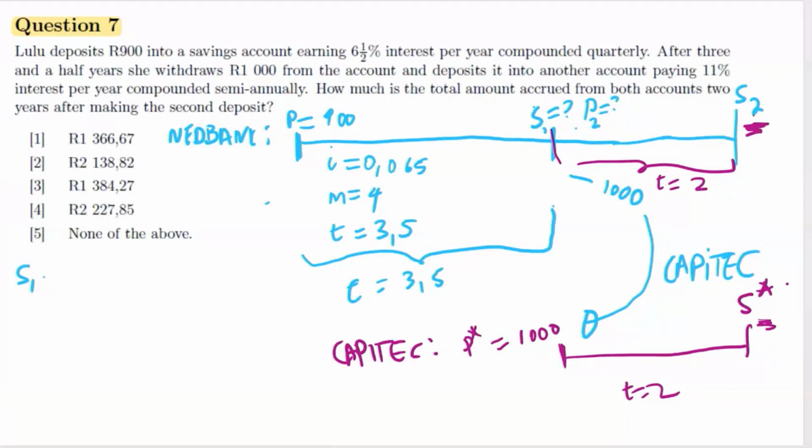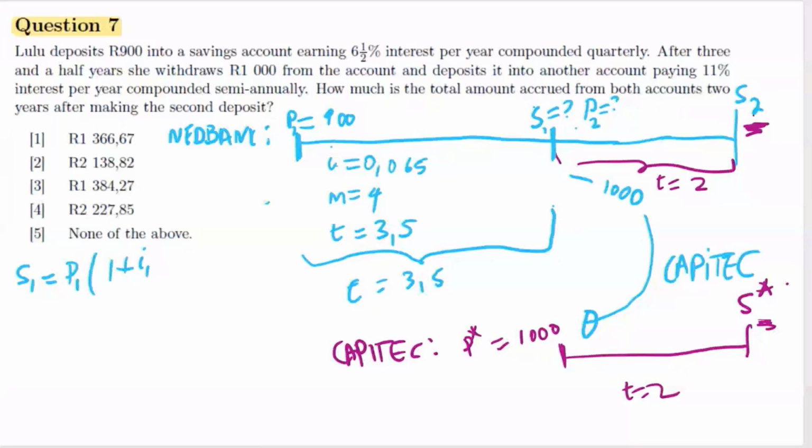S1 is going to be equal to P, okay? Let me say it's P1. It's going to be equal to P1 into 1 plus I1, which is this one. And then M, let's see what is happening here.